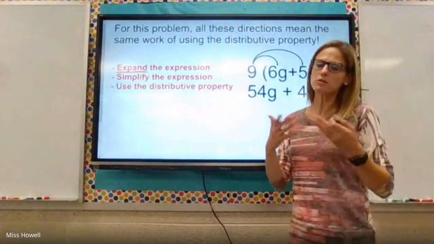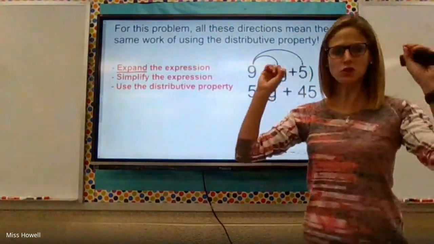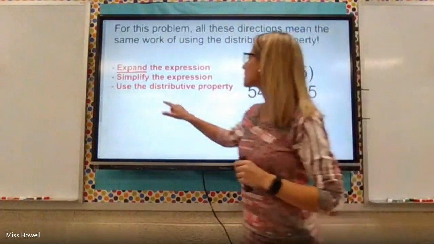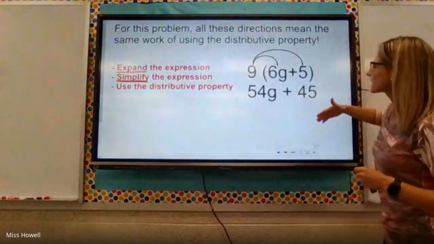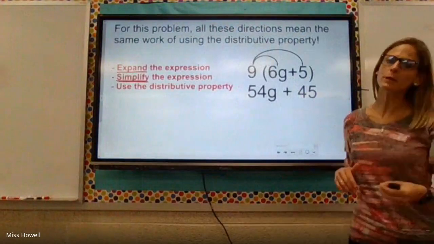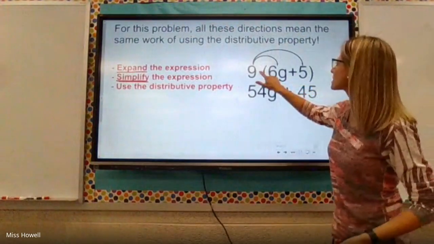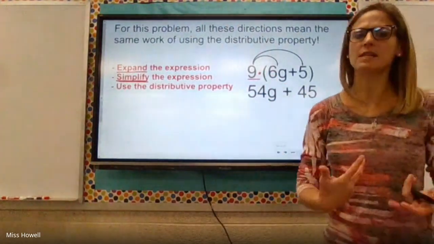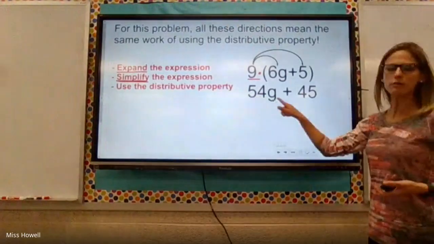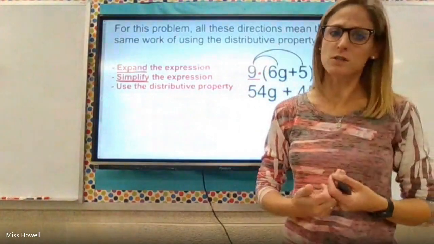It might also say simplify, and it might still look like this. When you have a variable expression you're asked to simplify that looks like this, it still means take that outside thing and distribute it to the items on the inside. So this expanded version is also the simplified version of that expression, so be careful.